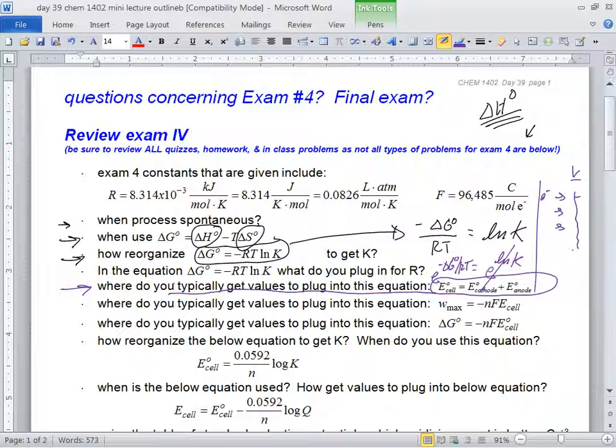Isn't the cathode when it gets flipped or oxidized? I think of it this way. The only way I can remember this is anode and oxidation both start with a vowel. So anode's oxidation. So cathode must be reduction. And these tables are what potentials? Reduction potentials. So the cathode's the one you're not going to flip.